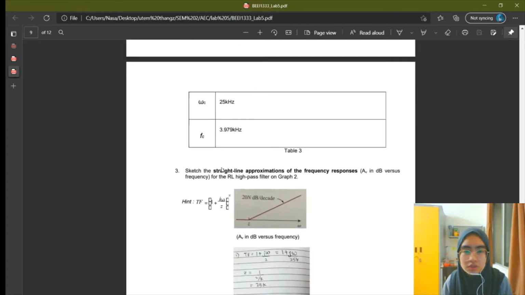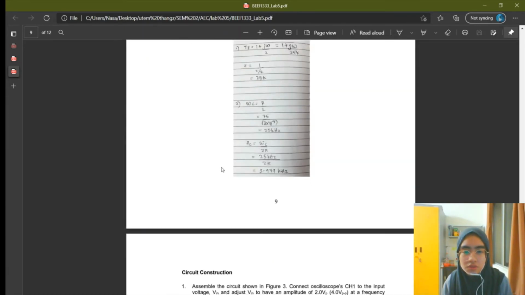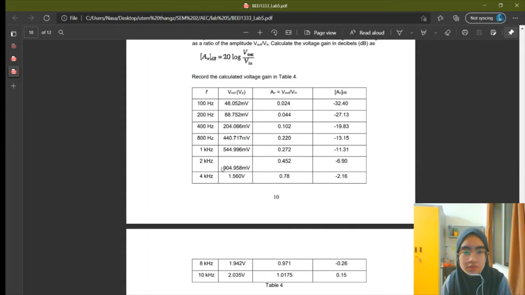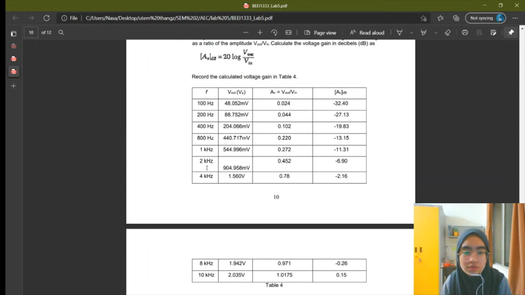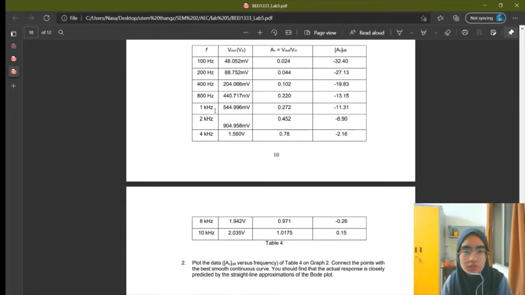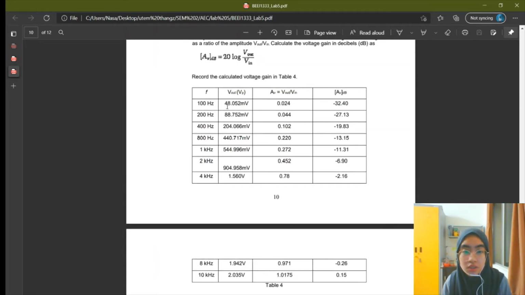based on the circuit, we have done the lab as well through Multisim, and then given the frequencies from 100 Hertz to 10 kilohertz, we have to find out the V out, the AV, and the AV dB. So today I will show you how to measure the V out from the Multisim.